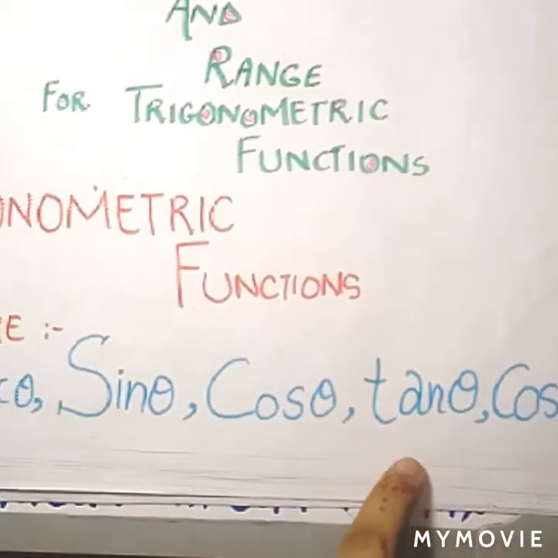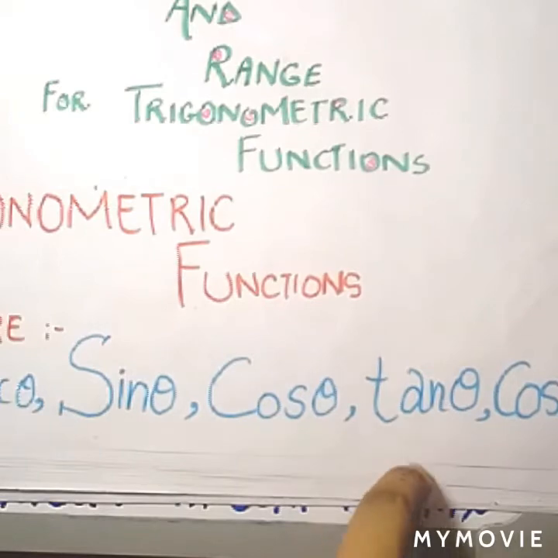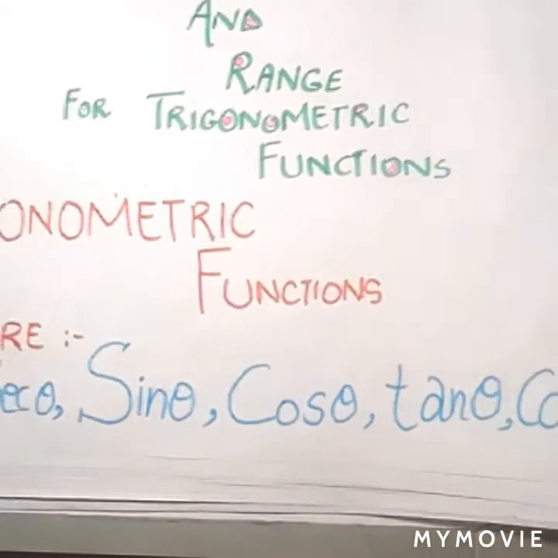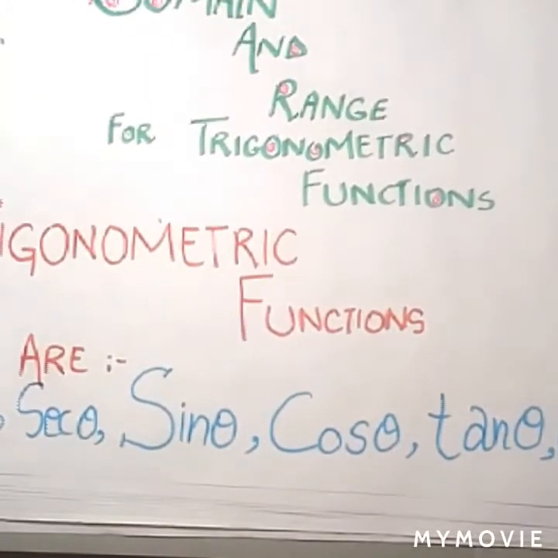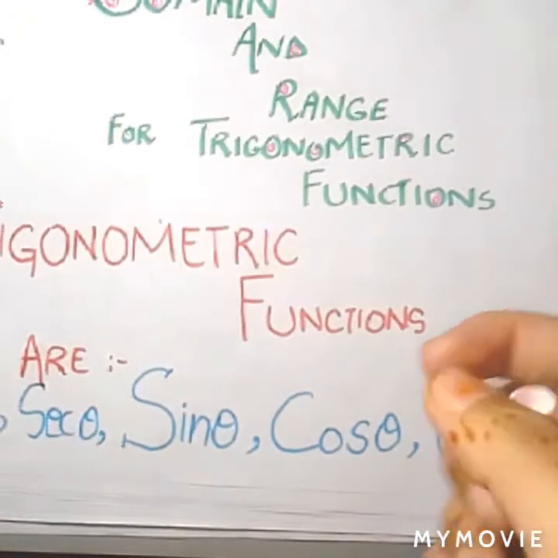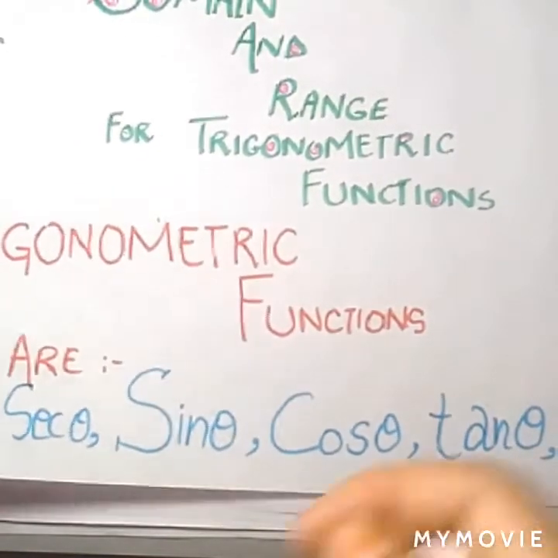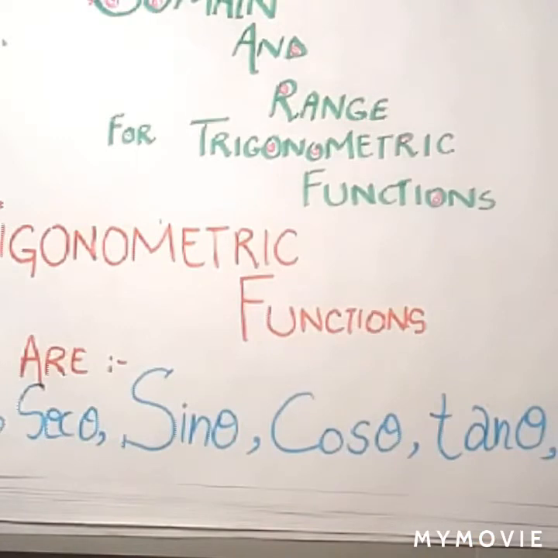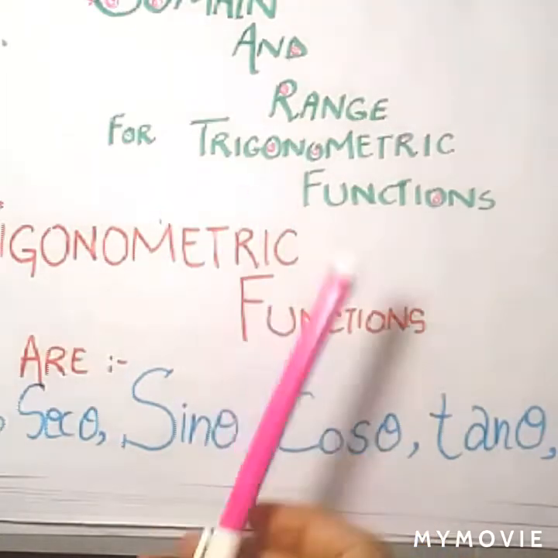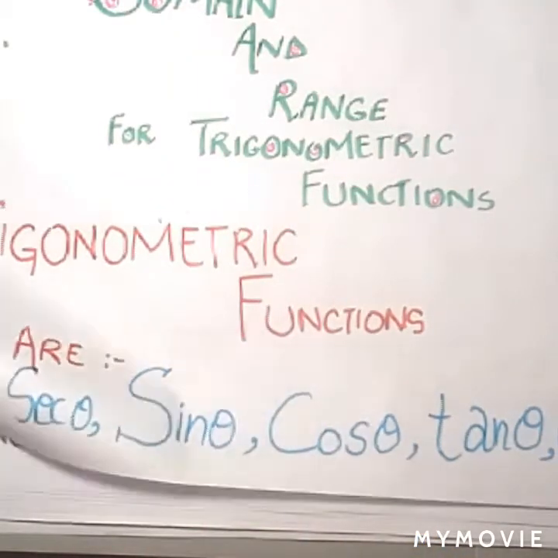And tan theta, or tangent theta, has its reciprocal as cot theta. Now we will discuss their domains and ranges. How can we find out their domains and ranges? Okay, let's start.